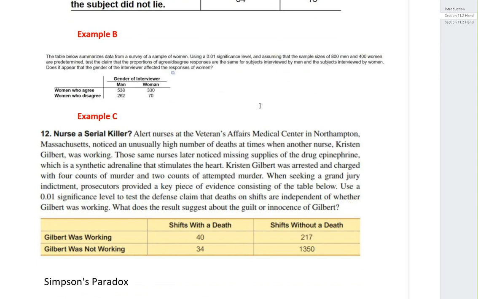Test the claim that the proportions of agree/disagree responses are the same for subjects interviewed by men and subjects interviewed by women. Does it appear that the gender of the interviewer affected the responses of women? All right, well, let's have at it. So example B.